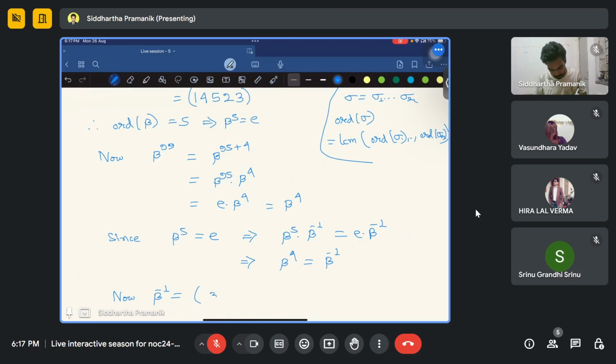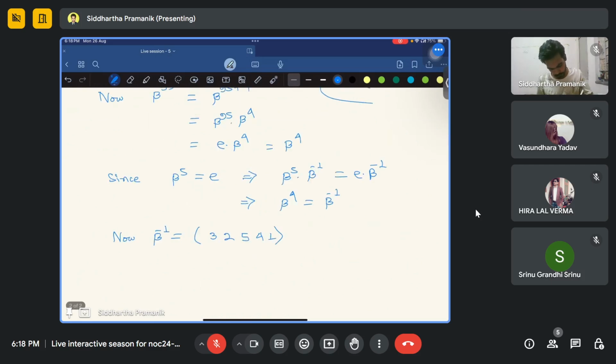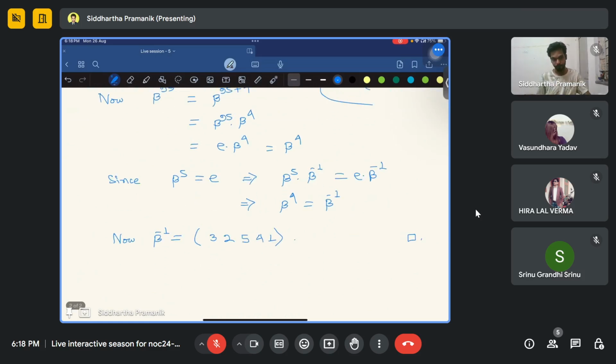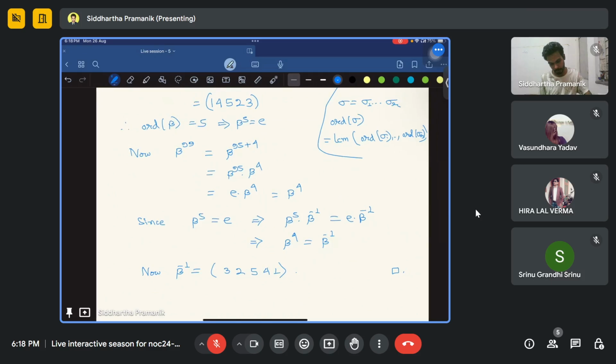So 3 goes to 2, 2 goes to 5, 5 goes to 4, and 4 goes to 1. So that is the answer. And it is a cycle, so it is in the disjoint cycle form. So we don't have to do anything. Is it okay?